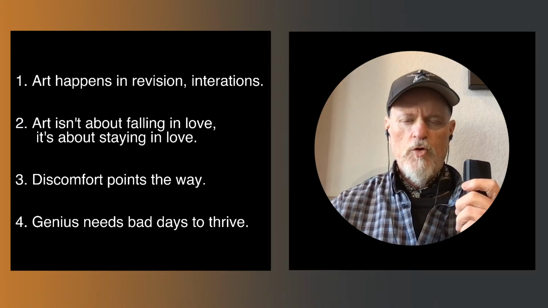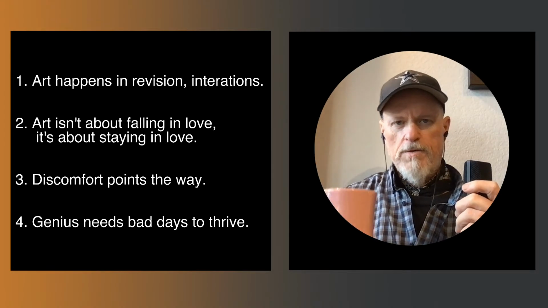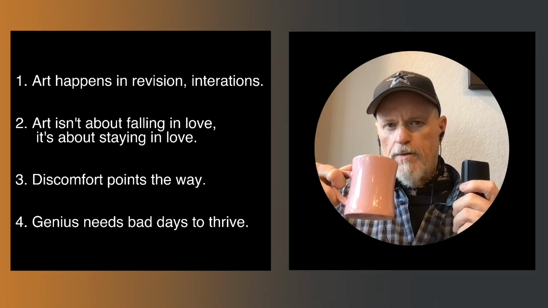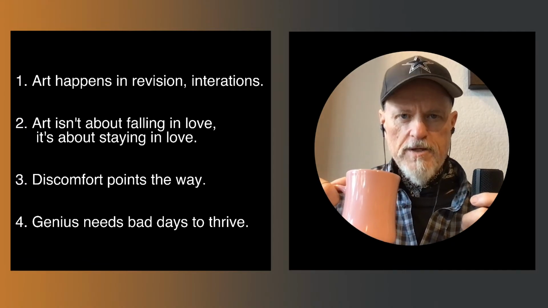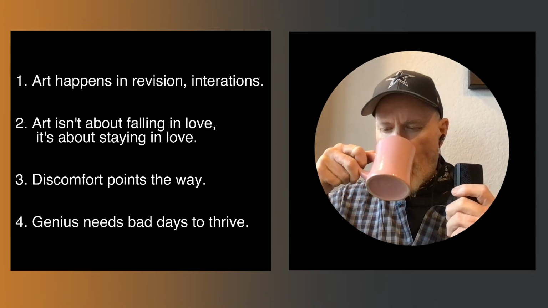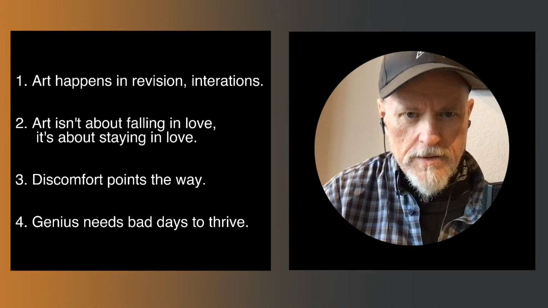And so if the iPhone can go through 17 iterations, what makes you think that we can create videos and create a YouTube channel without going through pain, without going through discomfort, without revising, without making iterations? That's what it's all about. So art happens in iterations.